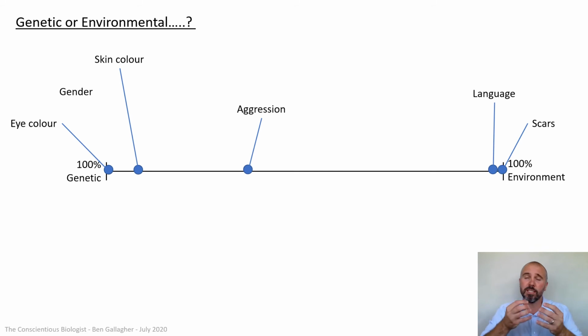If you throw things like sexual preference into there, and whether someone's gay or straight or any of the myriad of variations in between, well, we don't really know what drives that. And actually, if you look at a lot of animals in the animal kingdom, they don't really seem to have it. A lot of animals would just breed with whatever animal is nearest to them.